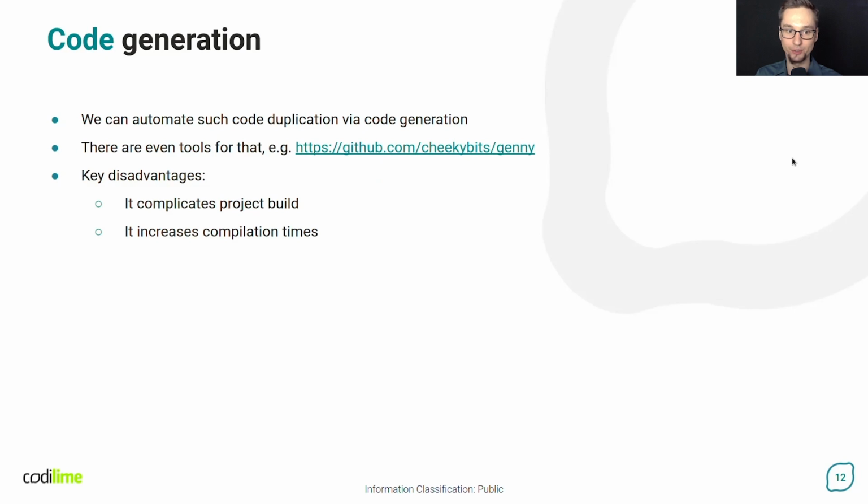So this technique could be improved by code generation. We can automate writing this duplicated code by using a code generator. There are even tools helping to generate code, but using that complicates the project build because you generally add an additional step to your build pipeline.